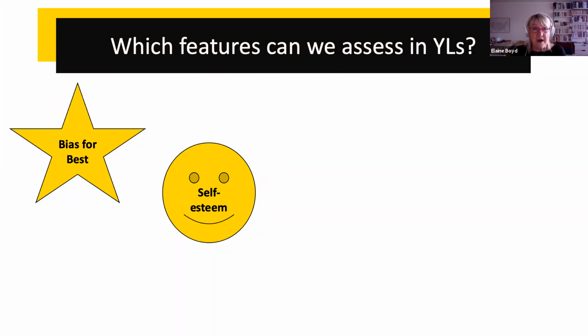The other thing, of course, you're all aware of, with very young learners and young learners, is we must be really careful to protect their self-esteem. We don't want to be giving them negative feedback that's going to damage their confidence and their self-esteem, both in their English language learning, and in themselves.